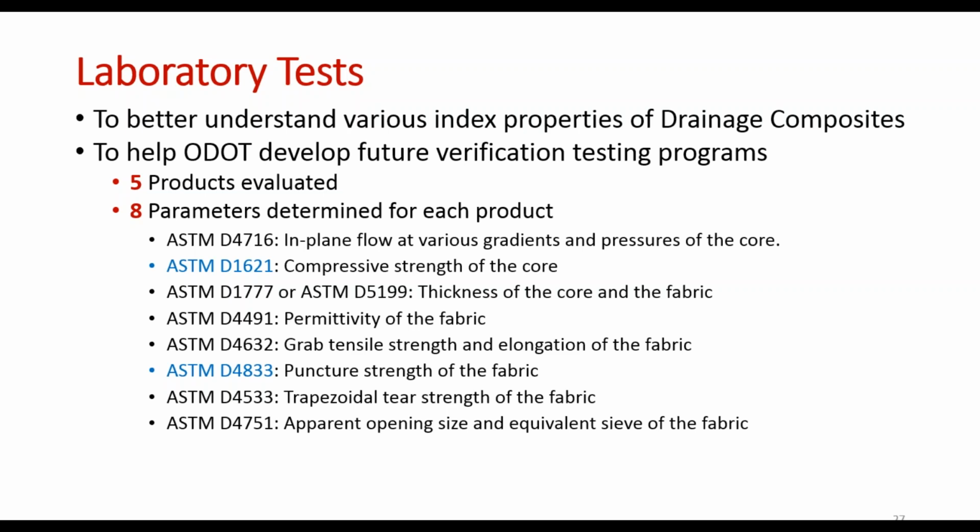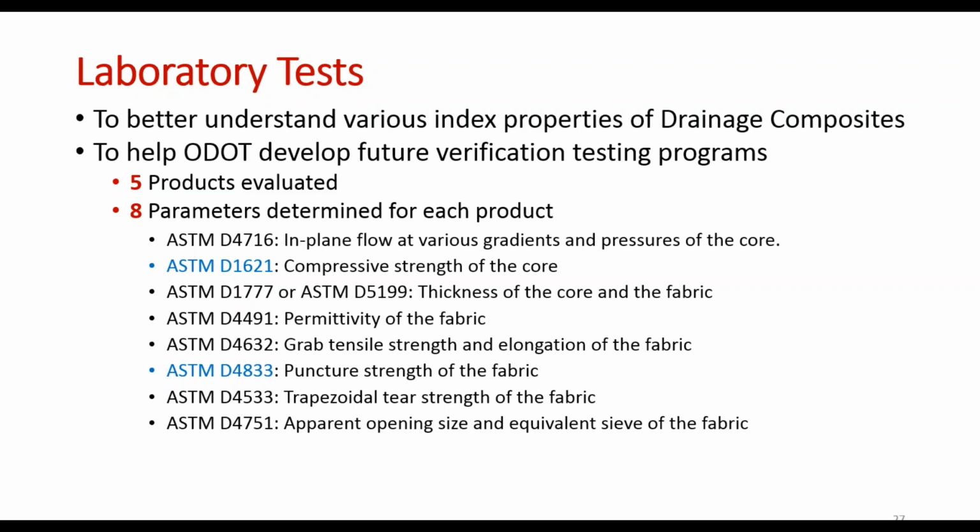So 5 products from different vendors were evaluated, and we did 8 tests for each one. The 8 parameters include, for the core, the in-plane flow capacity, the strength, and the thickness of the core and the fabric. And the following 5 are regarding fabric strength and hydraulic properties.